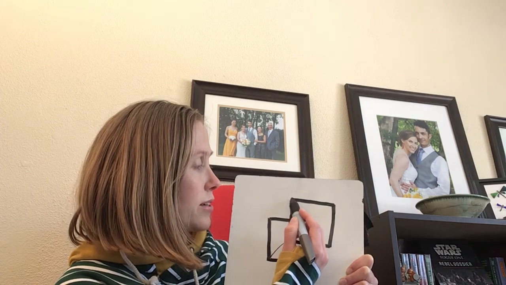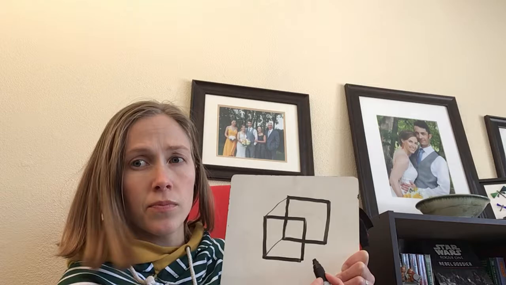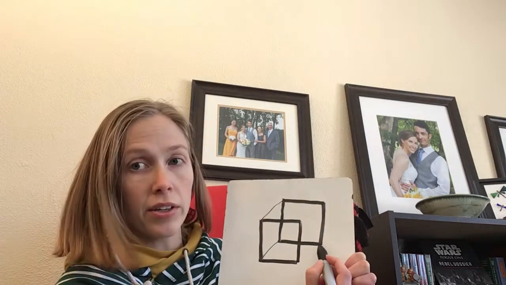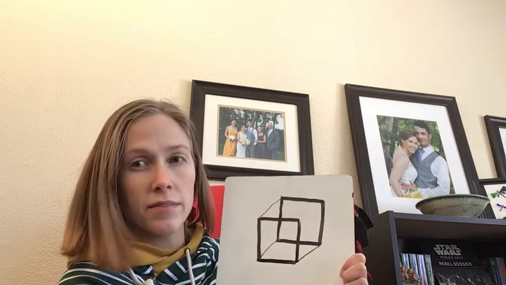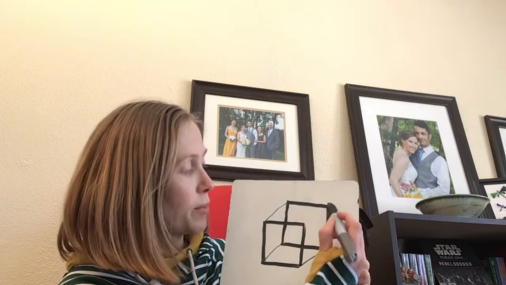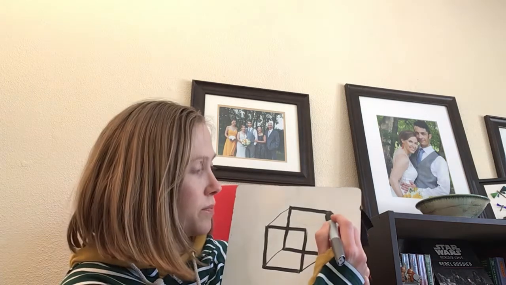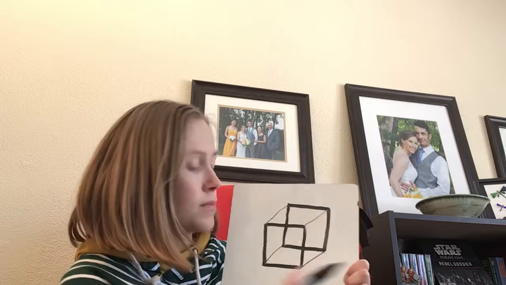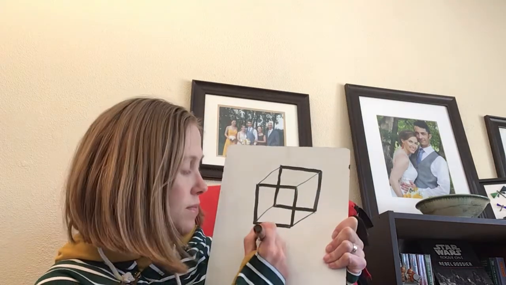So the lines are connecting the corners of the 2 squares. I can come down here to this one, and connect. And then I go to my last one, and this corner of this square here doesn't have any lines to it yet, so these 2 connect to each other. And now we have made a cube.